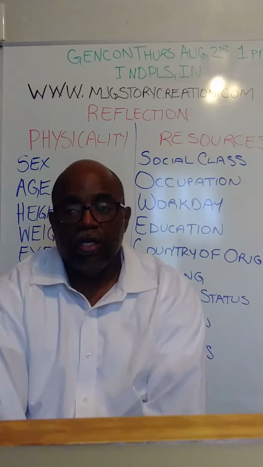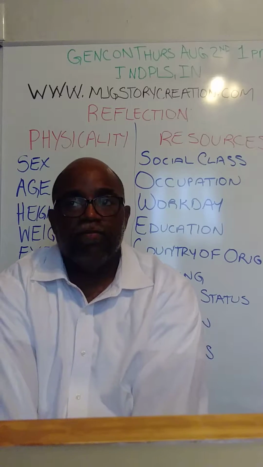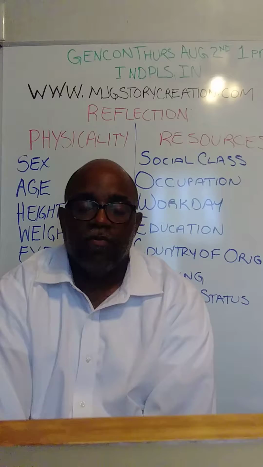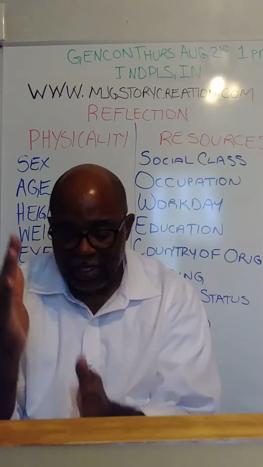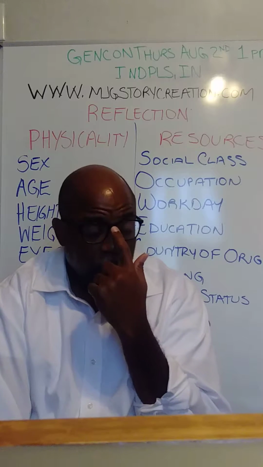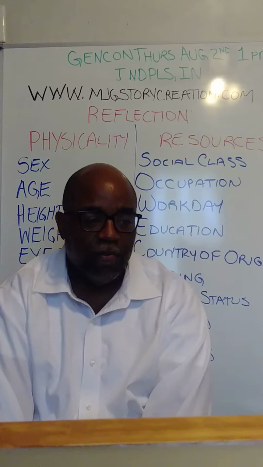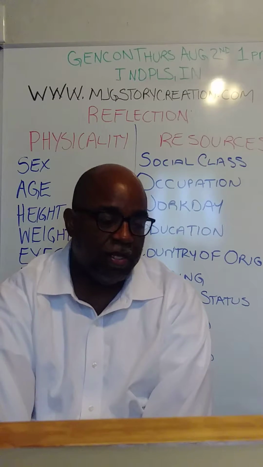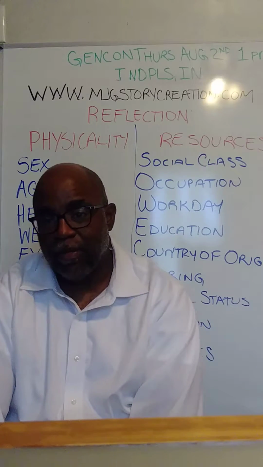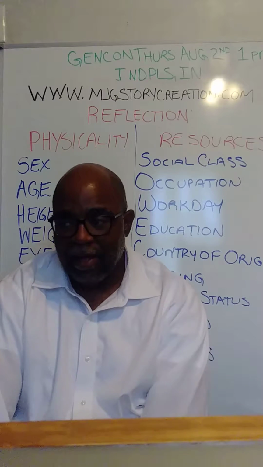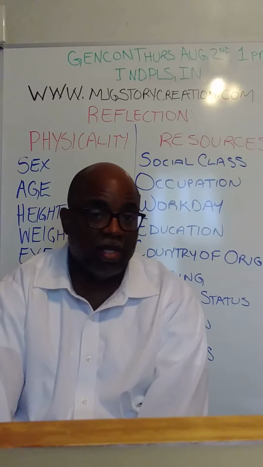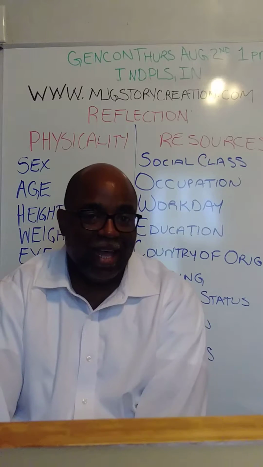Marital status. So not only is there single, married, divorced, those kinds of relationships, there's a wide spectrum. You only need to concern yourself with what is necessary for the story. So if you have somebody who's in an LTR, which is a long-term relationship, you can list it as that. If you have somebody who the character is having casual sex with, you can list it as that.